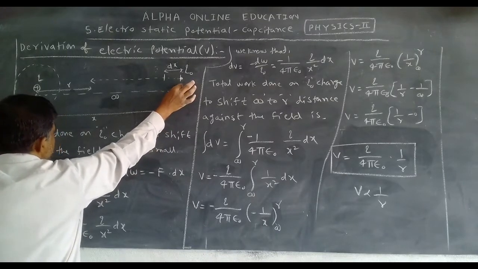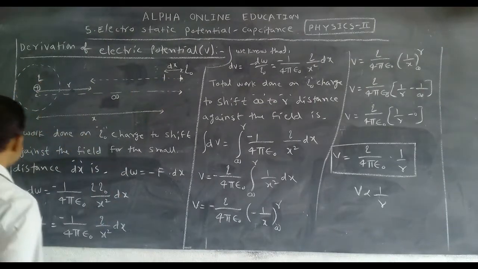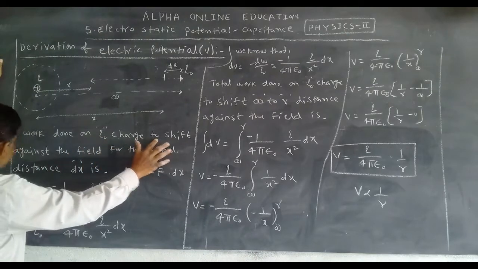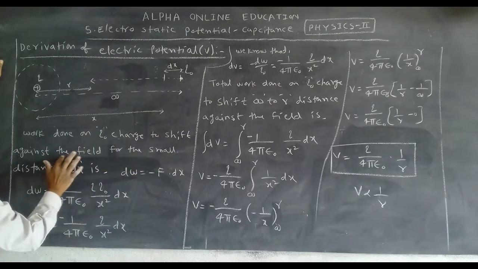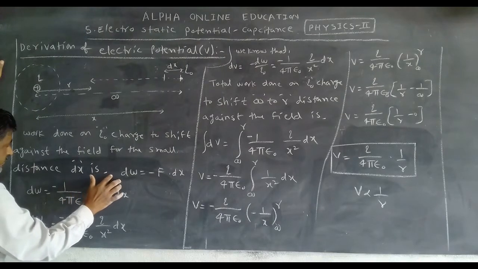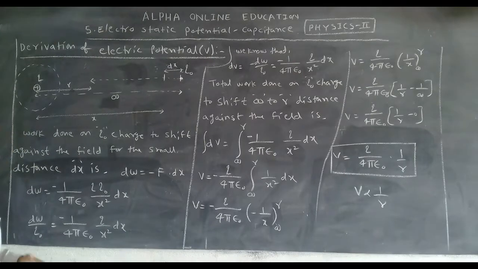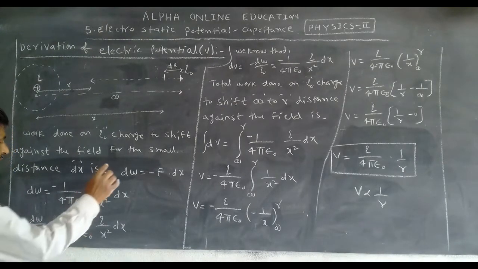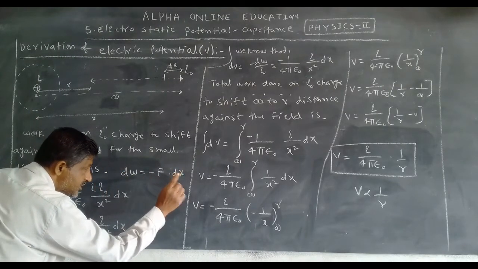Now we displace it a small distance against the field. So work done on Q naught charge to shift against the field for a small distance dx is, you know that one work formula is how much? Force into displacement. You know that work is a function of displacement.